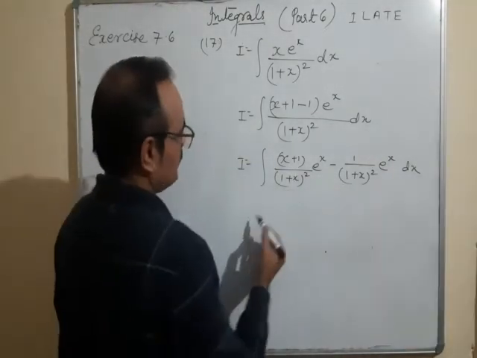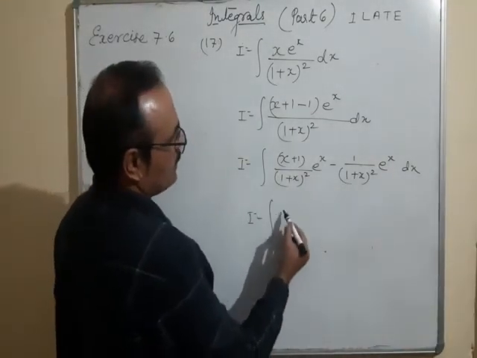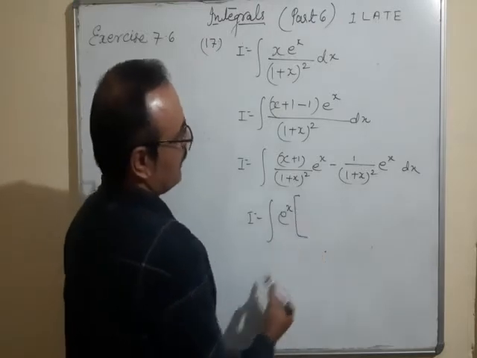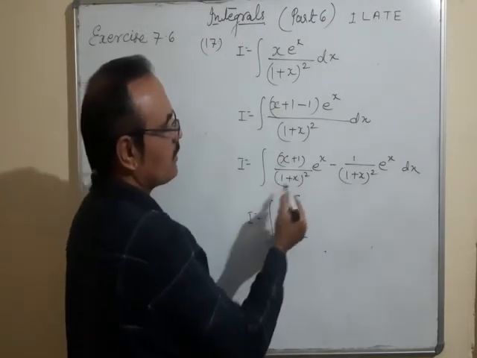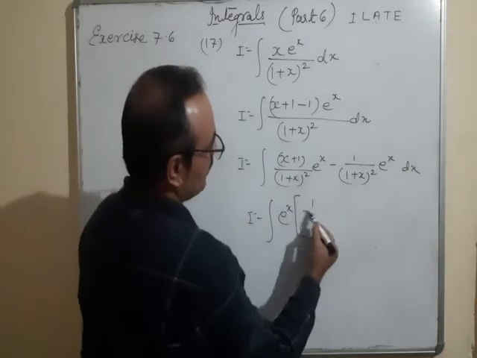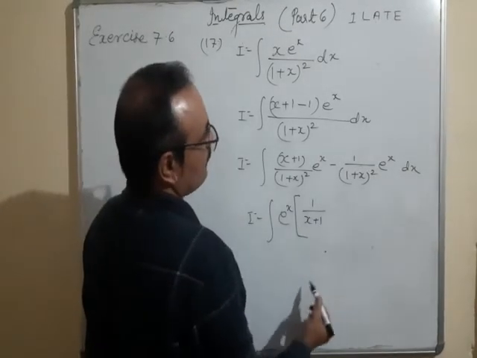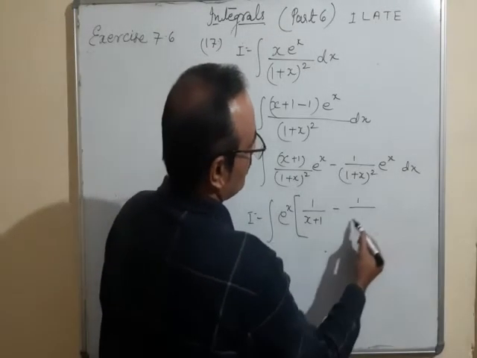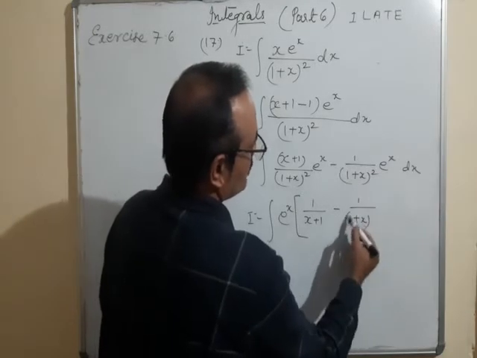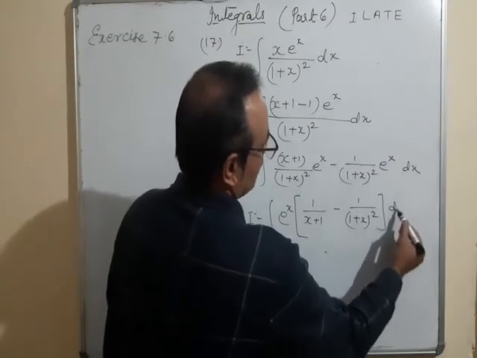Or e to the power x should be written once only, like this. e to the power x in a bracket, x plus 1 upon (x plus 1) whole square, x plus 1 cancel. What is coming? 1 upon x plus 1 minus 1 upon (1 plus x) whole square dx.